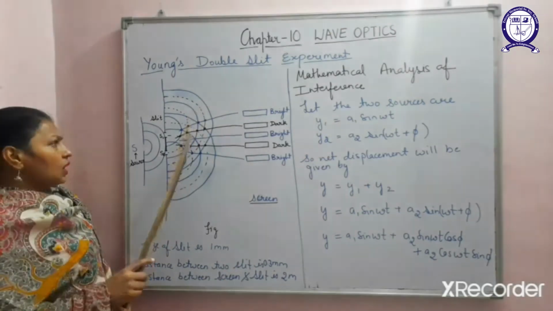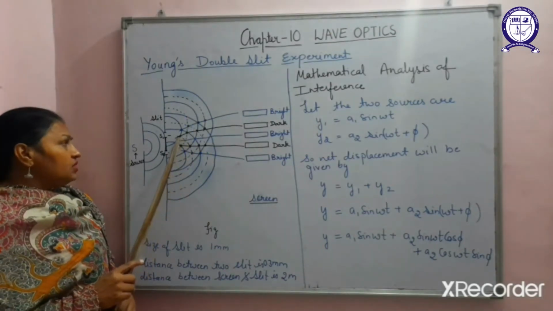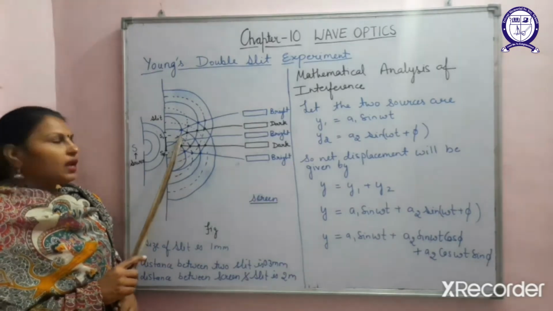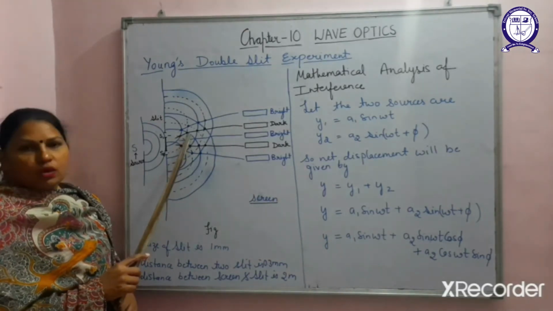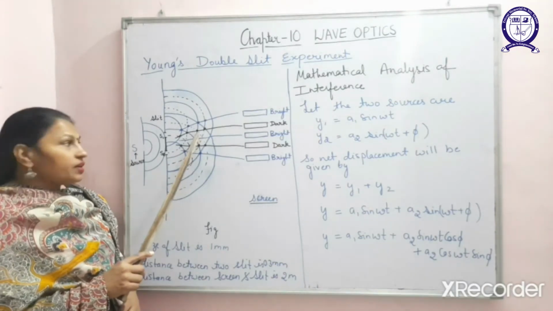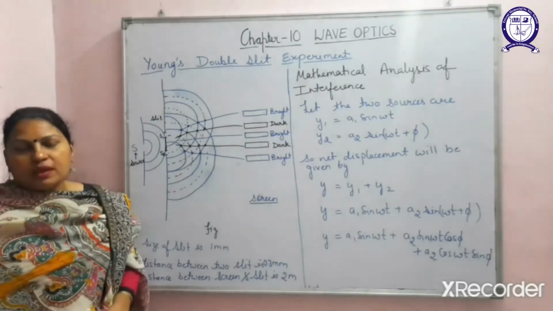Similarly, above and below it, the trough is overlapping on crest and crest is overlapping on trough, and again crest on trough.